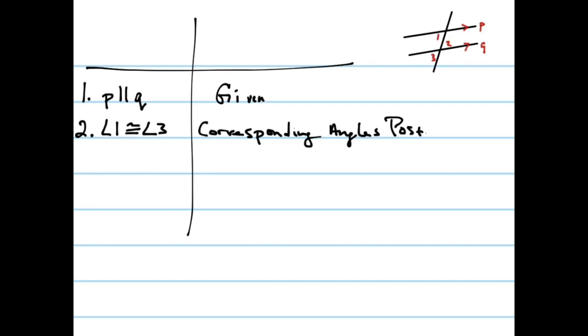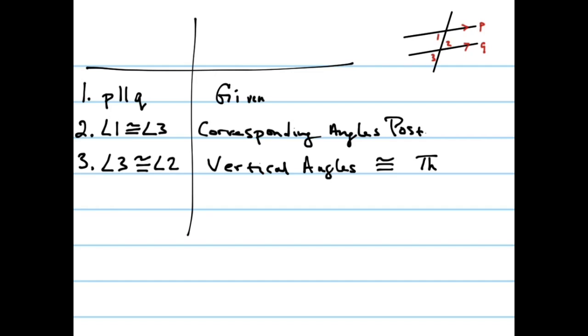And then we said that angle 3 was congruent to angle 2. That was the vertical angles, no, we proved it. Vertical angles congruence theorem.